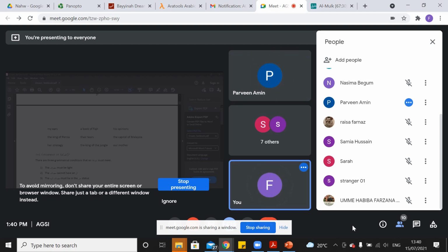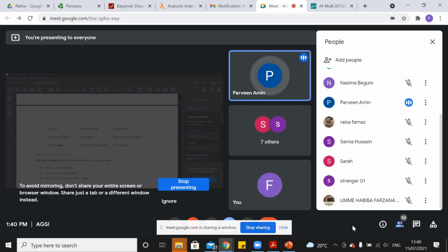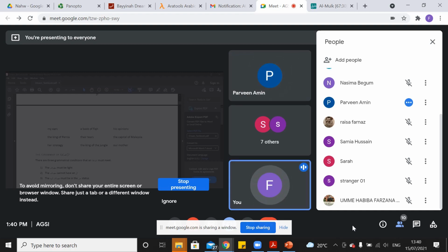We say that the word before "of" is mudaf and the word after "of" is mudaf ilayhi. Oh, so the capital is mudaf and Malaysia is mudaf ilayh. Okay, good. Sister Parveen Maroof, her strategy.